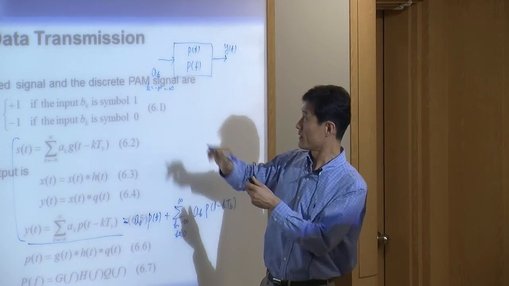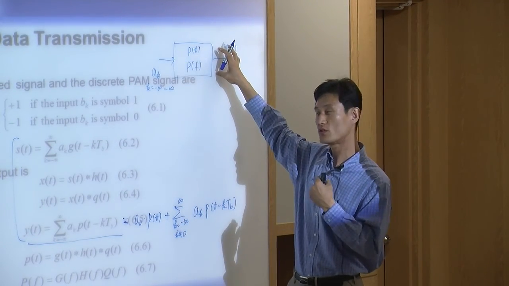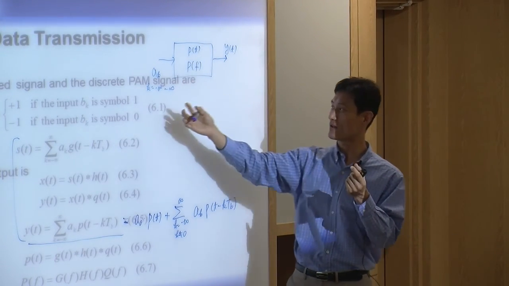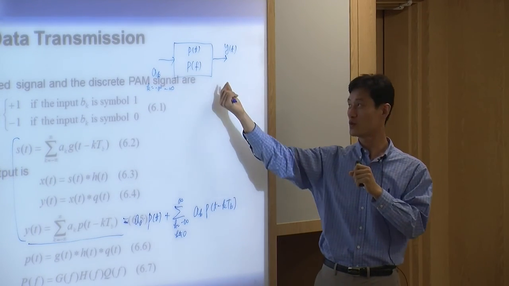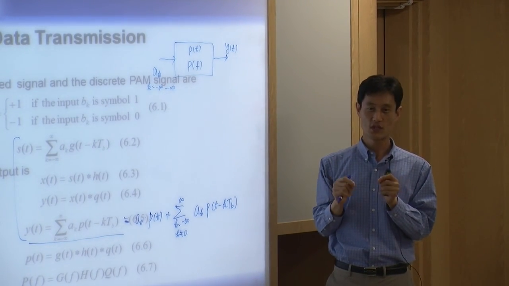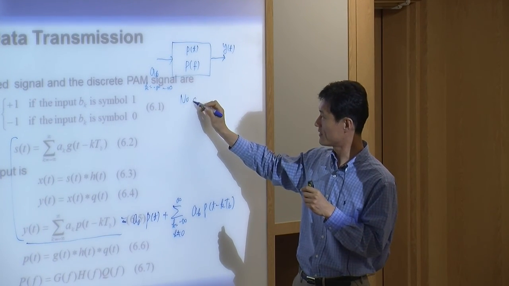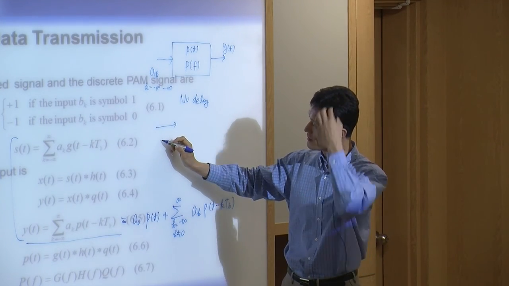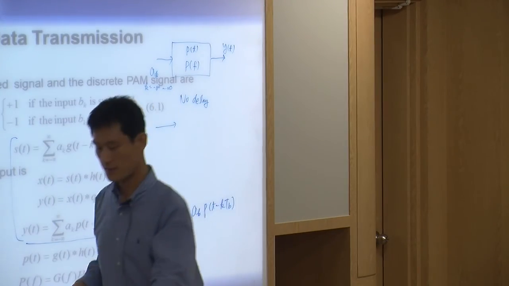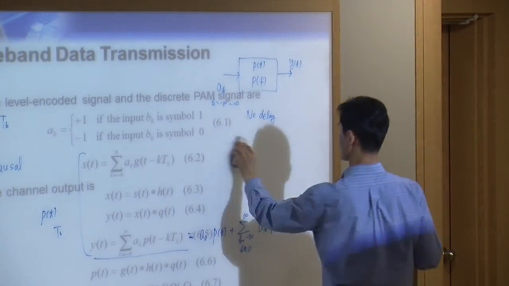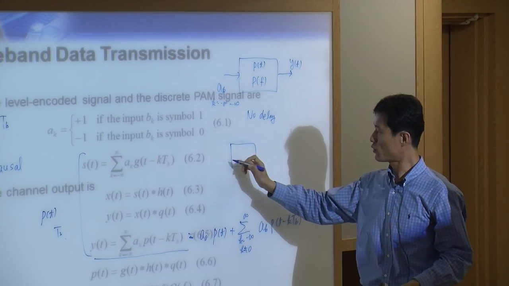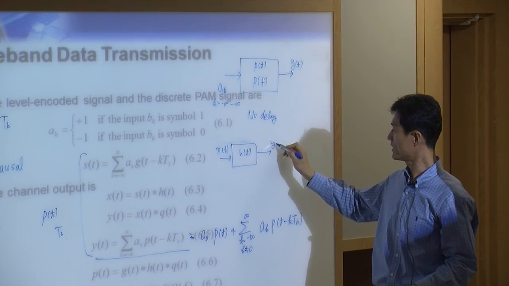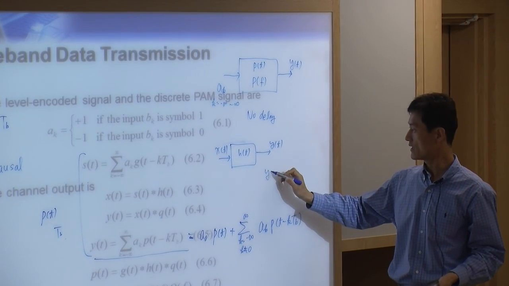Put it another way, this is a simple input-output relationship. What we want is, we get an input, right after that we want to get an output. So we get some input, then right after that we want some output. That's what we want, which means that we want to have no delay. Let's think about it this way. If you get an input, think about it simply, just a simple relationship. We have one block. Let's call that HT, and we have input XT, and output YT. Then what is the relationship? YT.